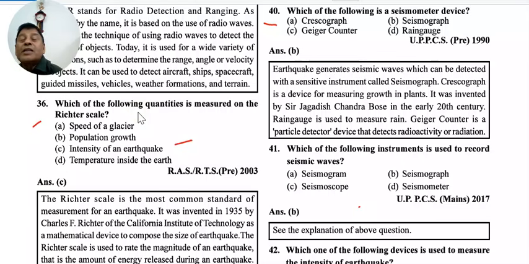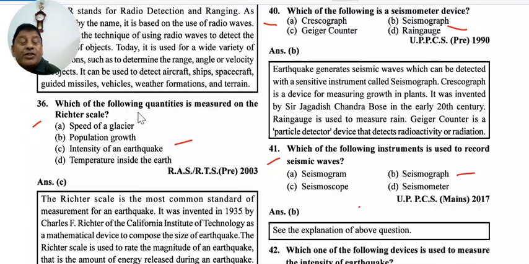So this is the seismograph, of course. Which of the following instruments is used to record a seismic wave?